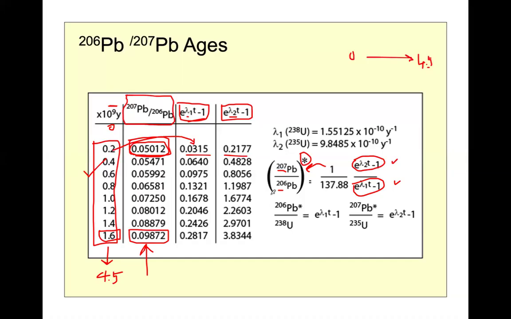So it should be correct. This ratio should be correct. Correspondingly, you have these two terms also. Then you can remember back to the previous occasion where we derived this e to the lambda 1 t minus 1, from this radiogenic decay. Do you remember that?